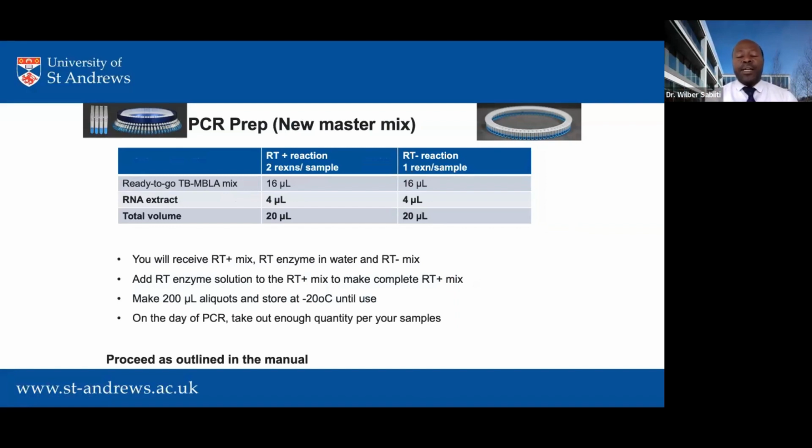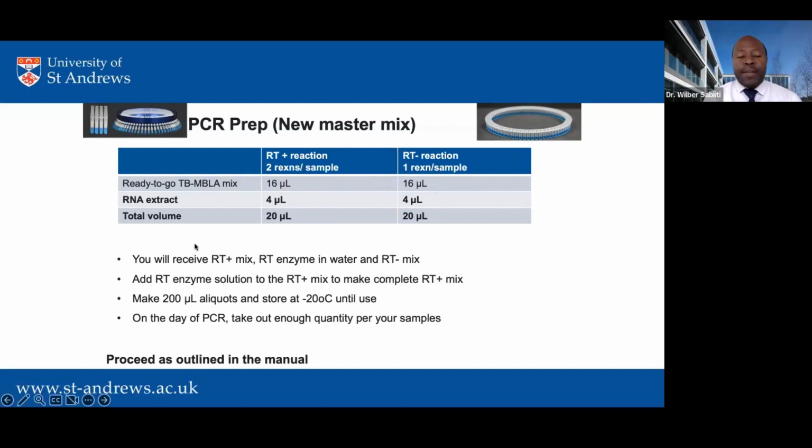So what the user does is only to distribute the master mix into the reaction tubes, 16 microliters per reaction, and then add the 4 microliters of the RNA extract. That makes a total of 20 microliters per reaction. And then they are ready to go for the PCR.